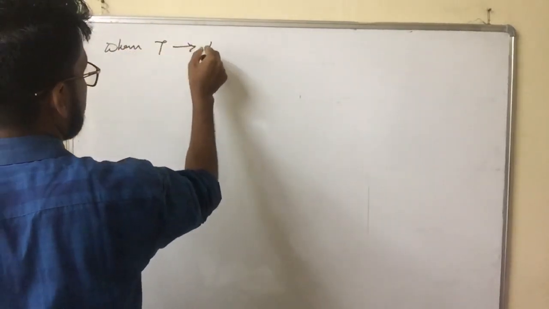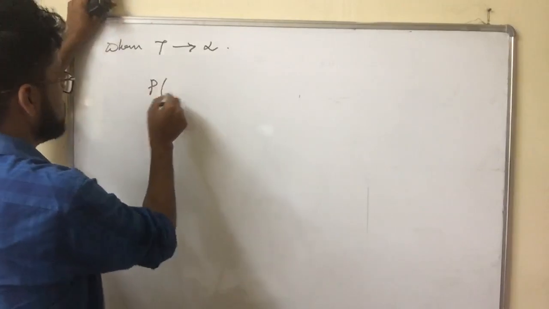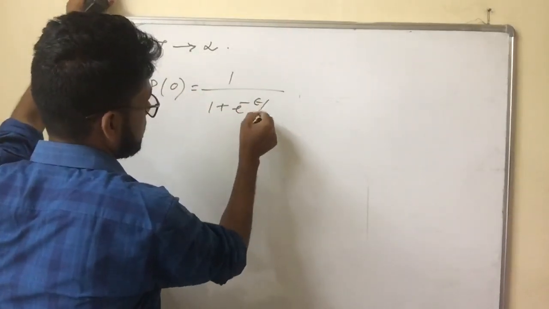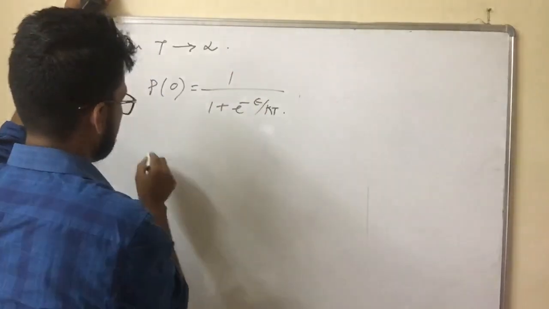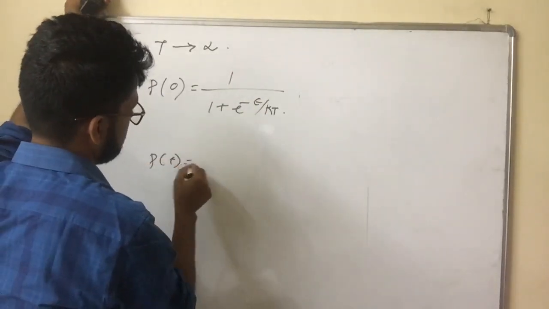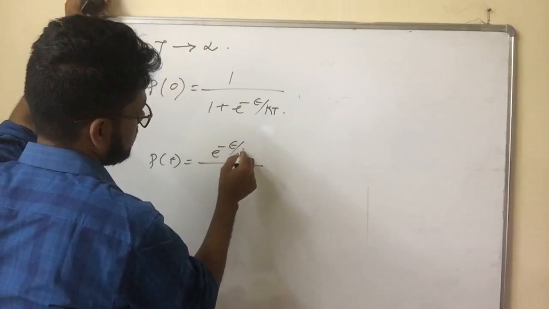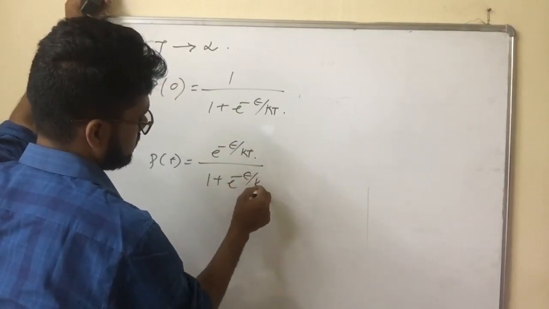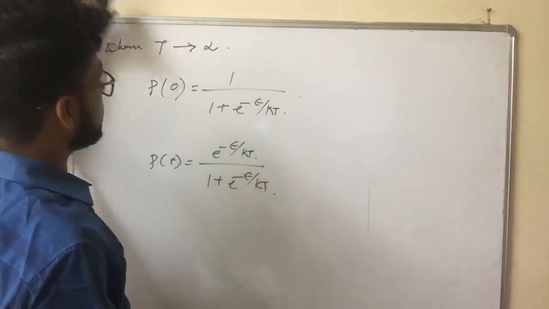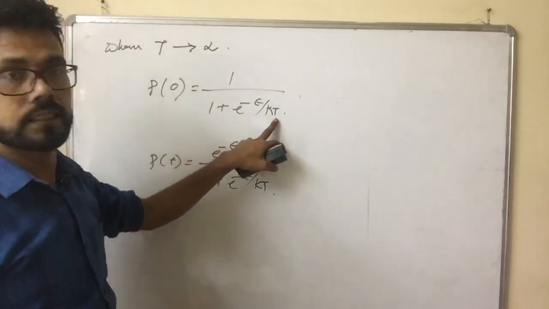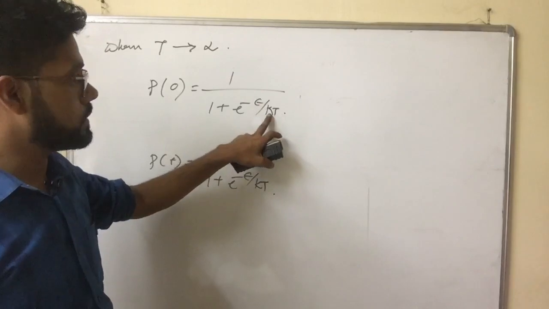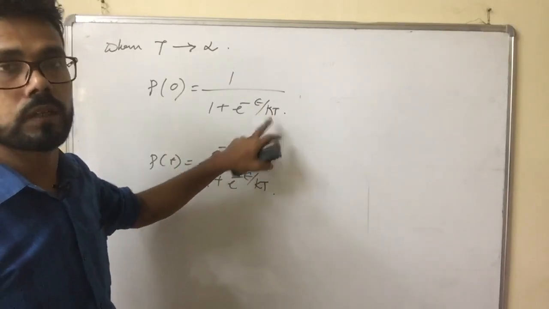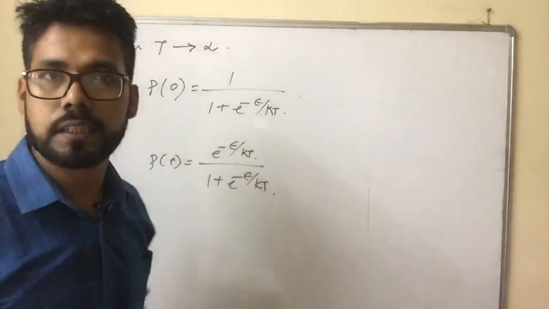Case 2. When temperature is very high, tends to infinity, the probability P0 is equal to 1 over 1 plus e to the power minus E by kT, and P_E is equal to e to the power minus E by kT over 1 plus e to the power minus E by kT. This is the formula. But T tends to infinity, and any number divided by infinity tends to 0.